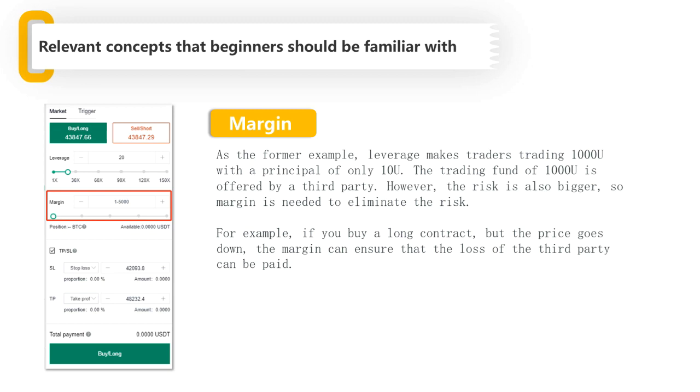However, the risk is also bigger, so margin is needed to eliminate the risk. For example, if you buy a long contract but the price goes down, the margin can ensure that the loss of the third party can be paid. But if you lose too much, the margin can't cover the loss. What will happen?